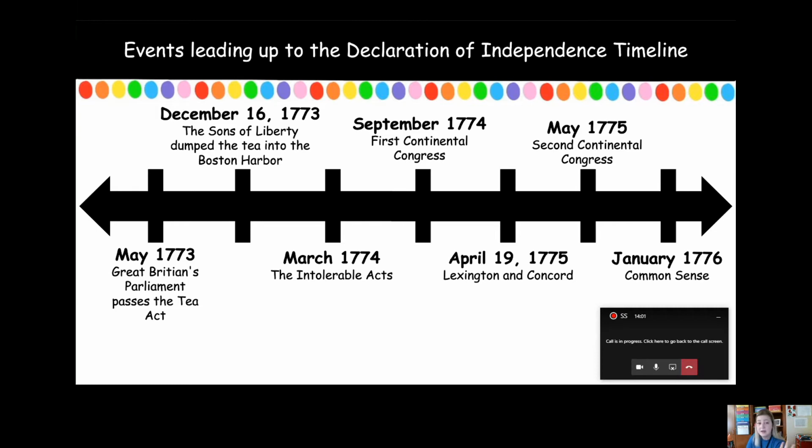is written and produced, okay? So Common Sense was written by a man named Thomas Paine. Now, I really like Thomas Paine because he was a man who took an idea. He felt that the American colonists were so close to independence.